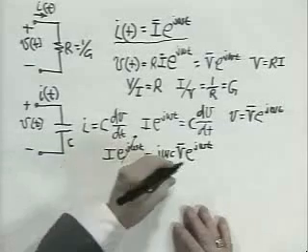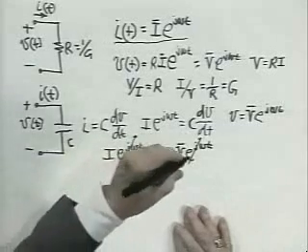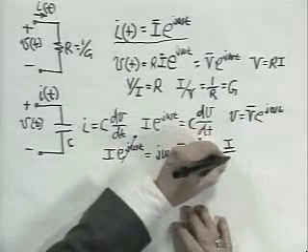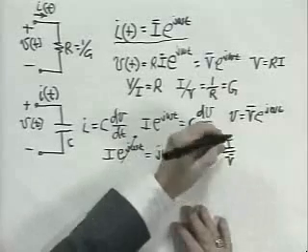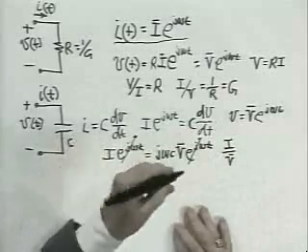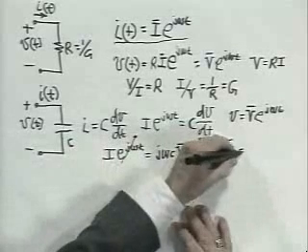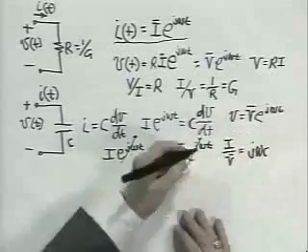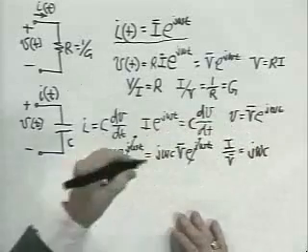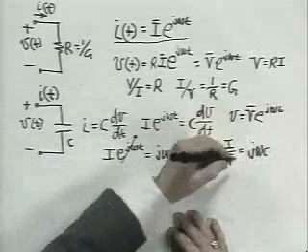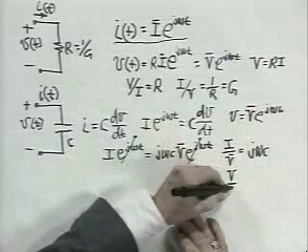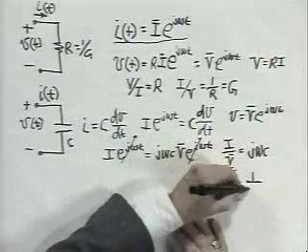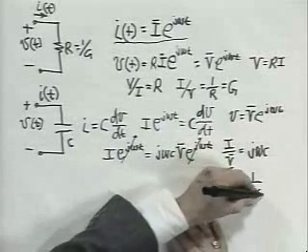These I can divide out, and I'm left with the relationship that I over V, which is generally a complex number, the complex amplitude, I over V equals j omega C. If I want to look at the reciprocal of that, V over I, both complex numbers, is 1 over j omega C.